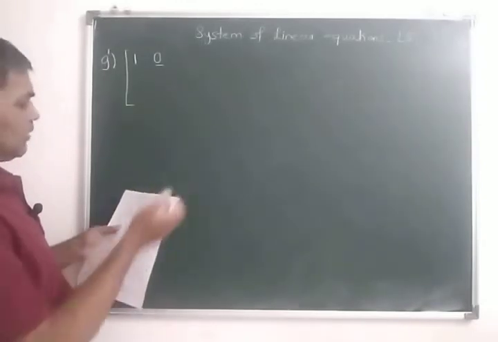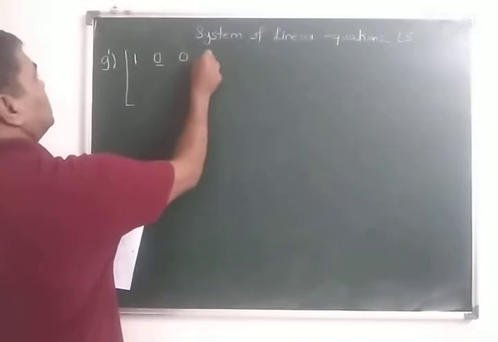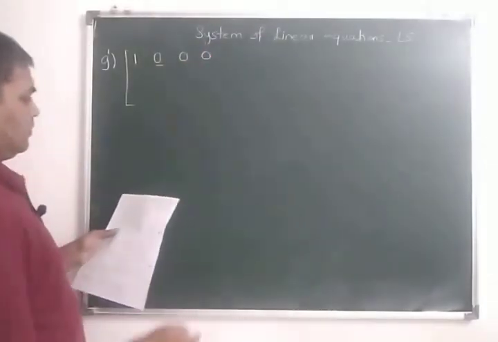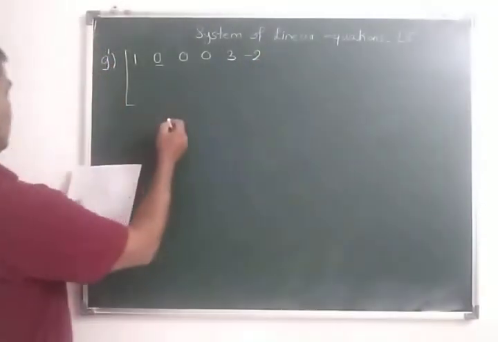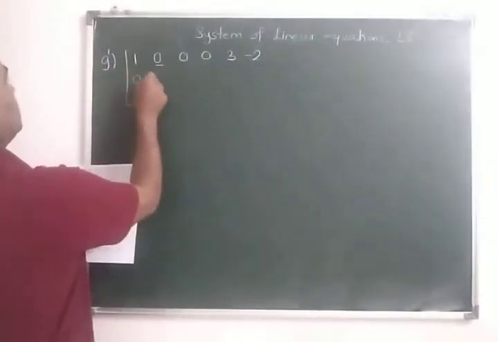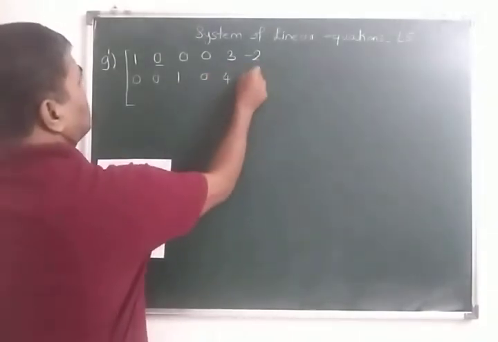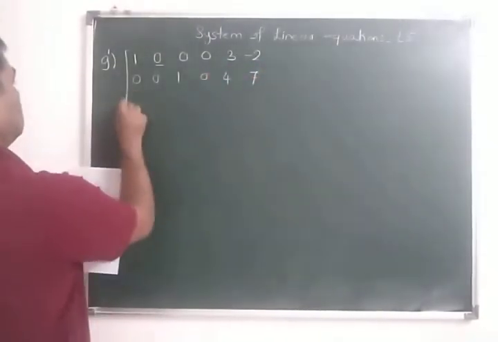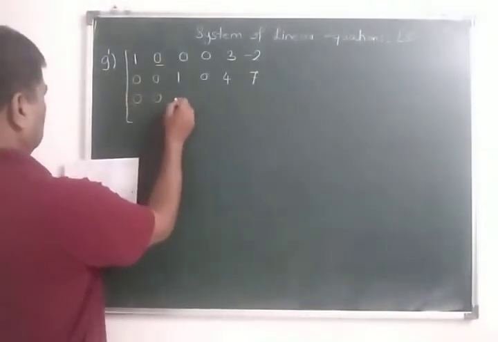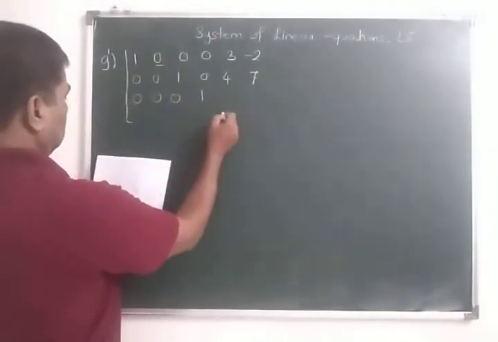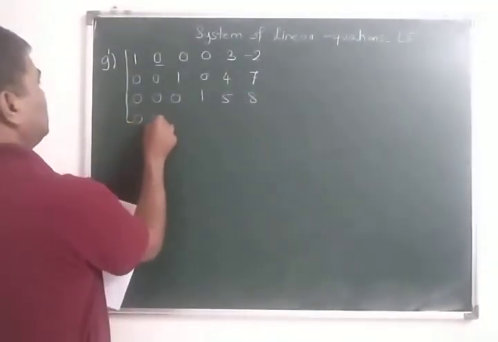So I am replacing that minus 6 by 0 for explaining some additional information. 3 minus 2. Second row 0 0 1, 0 4 7. Then 0 0 0 1, then 5 8, and last is all zeros.